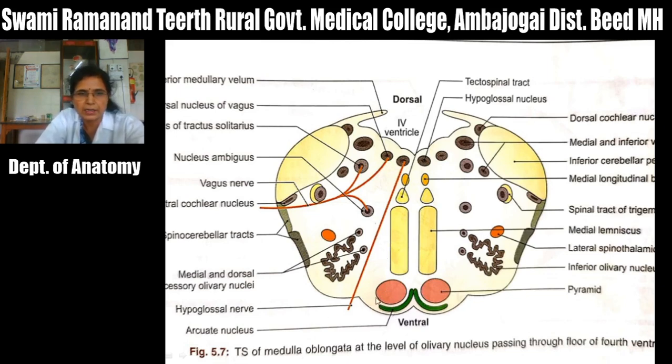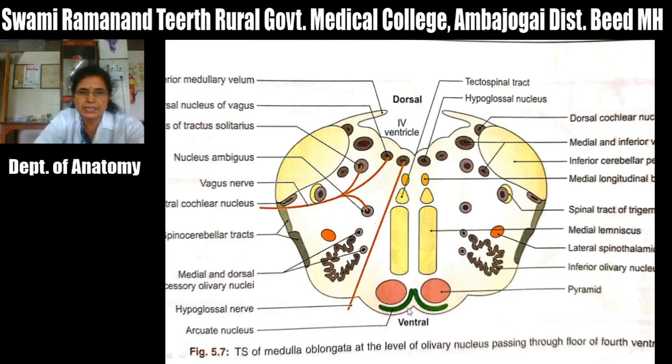So there are pyramids anteriorly, but here one new structure appears, present on the ventromedial aspect of the pyramid, and that is called the arcuate nucleus.